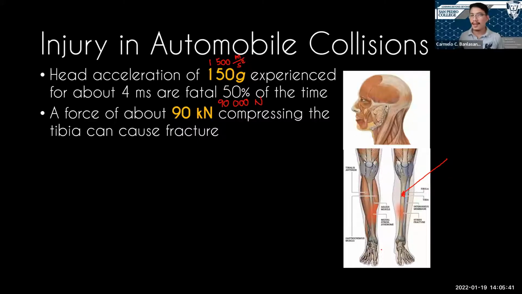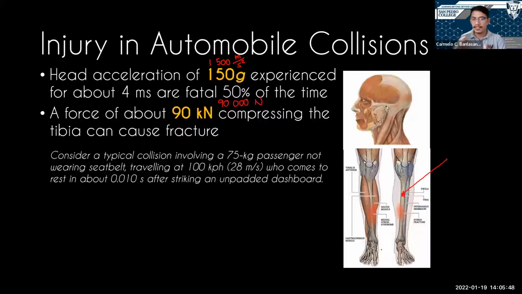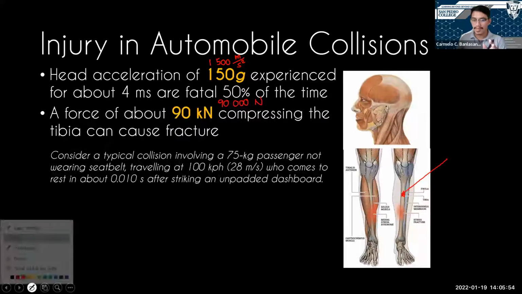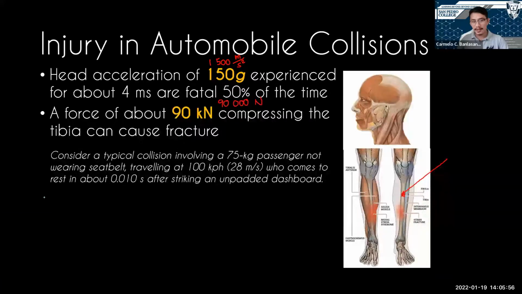Clear? So let us try to analyze common situations, a common scenario in a collision. Consider a typical collision involving a 75 kilogram passenger. So that means we have a passenger, the mass of the passenger is 75 kilograms, not wearing a seatbelt, traveling at a speed of 100 kilometers per hour. So the initial velocity, because it is already traveling, imagine you are in the car, traveling at 100 kilometers per hour, very fast.